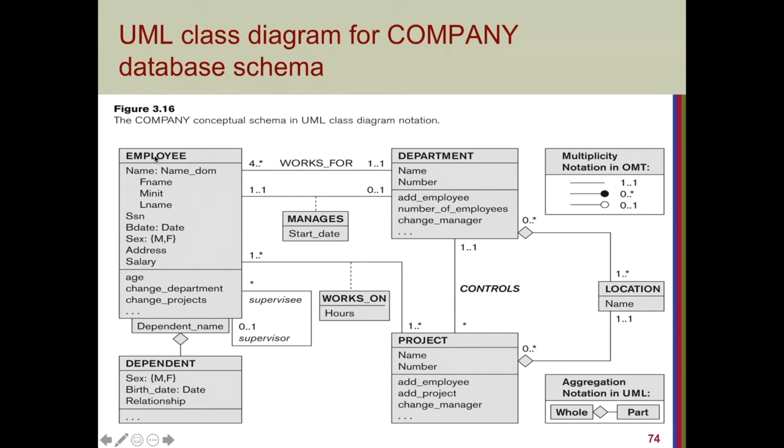Okay, so first entity, employee, their attributes. Third one, you can leave them empty. Second entity, department, these are the attributes of the department. Next is project, its attributes. Location, attributes, works on, attributes hours, manages, attributes, and then the start date.